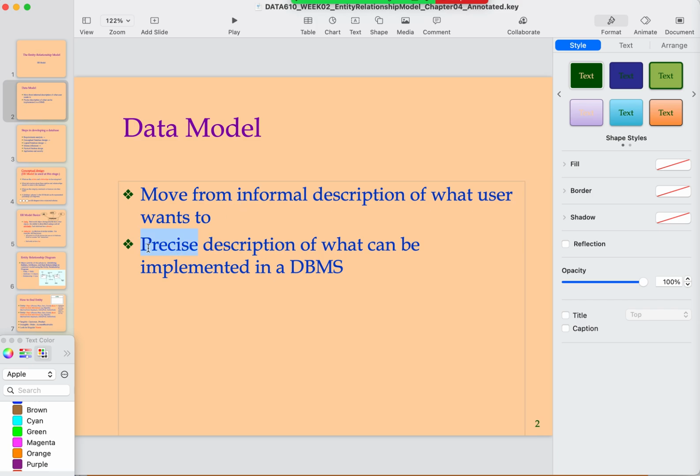So we want to have an exact description of how we will implement the database into the database management system.